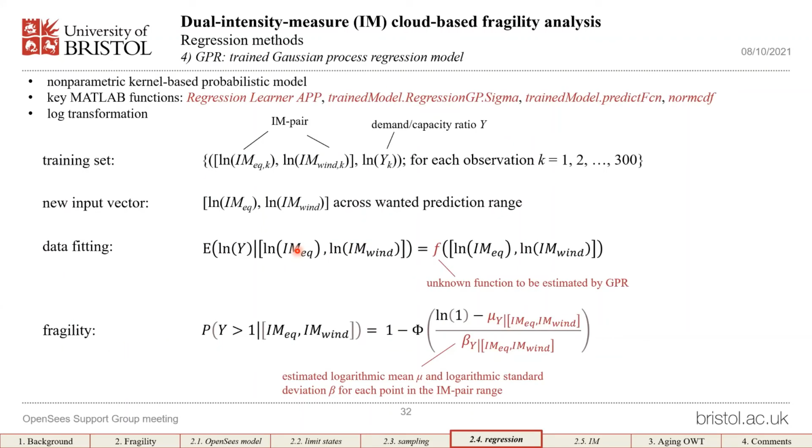The actual implementation of this model is unbelievably simple. You just use the Regression Learner app from MATLAB with the associated functions. So it's the same thing as machine learning? Yes, I think machine learning is going on behind the scenes, but we don't have to worry about that. Okay, I just wanted to make sure I was understanding properly.